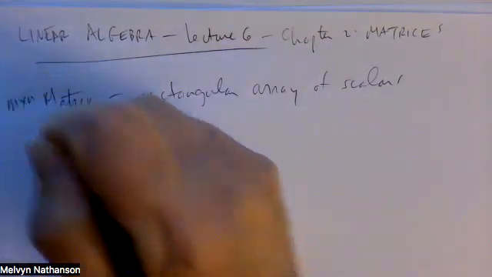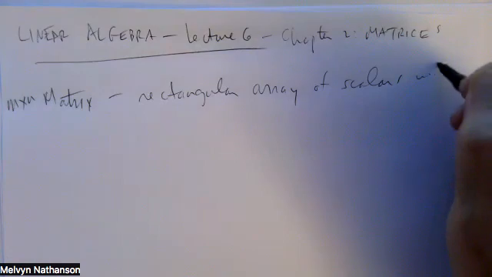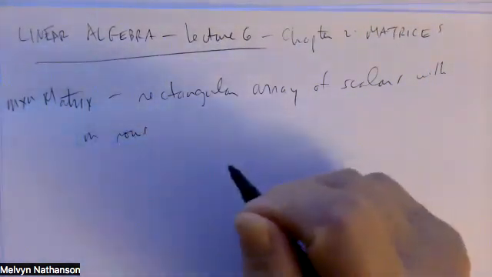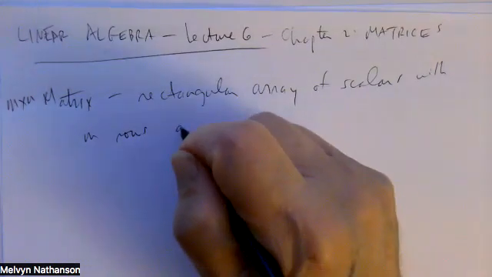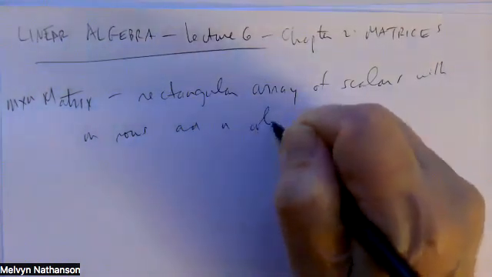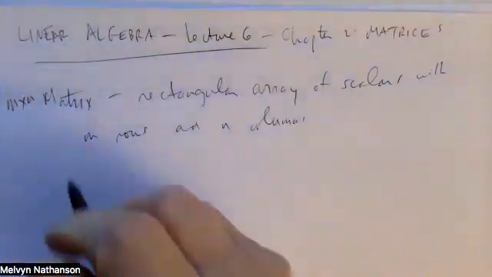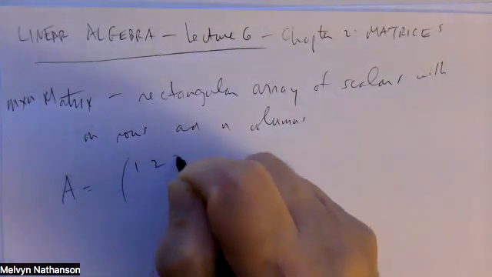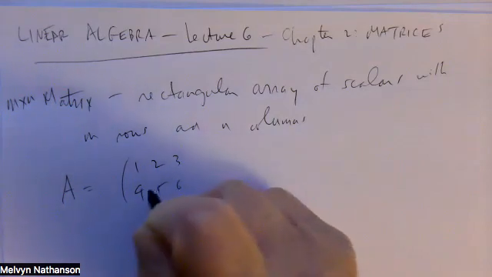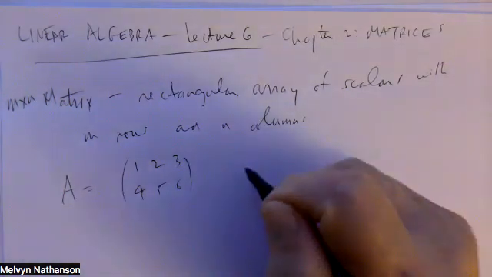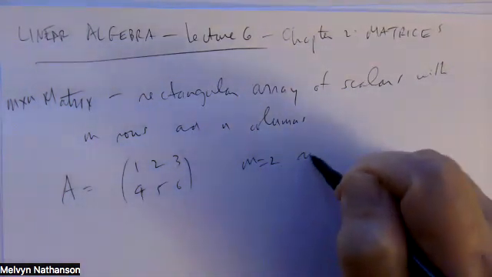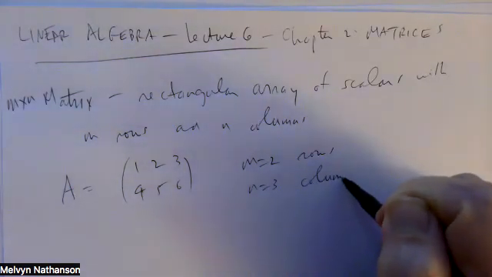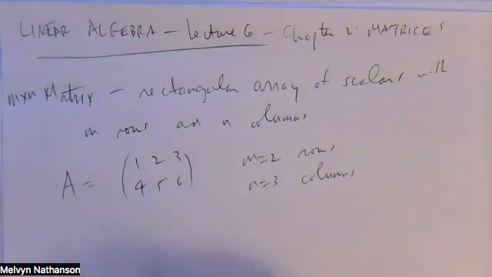And an m by n matrix has m rows. M is always the number of rows, the first number, and n columns. So for example, if we take A to be 1, 2, 3, 4, 5, 6, there are m equal 2 rows and n equal 3 columns.